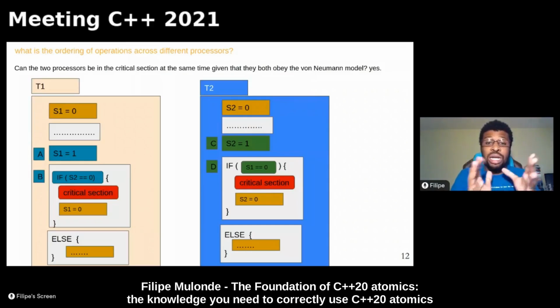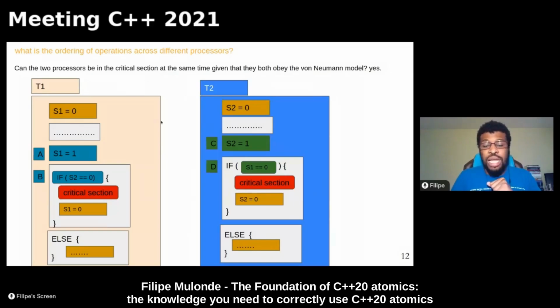These two threads can be in the critical section at the same time because the threads don't agree on the order in which the memory operations took place. Now let's understand how this example works.